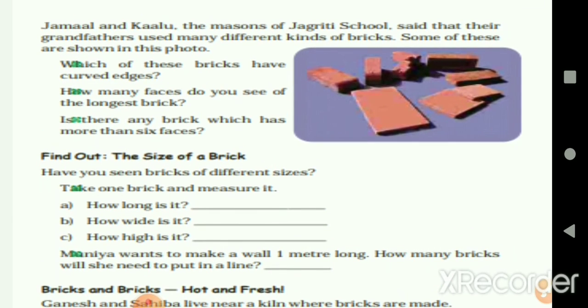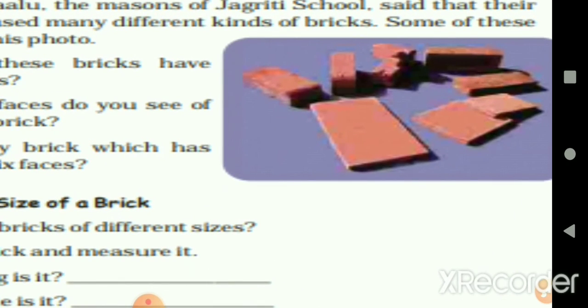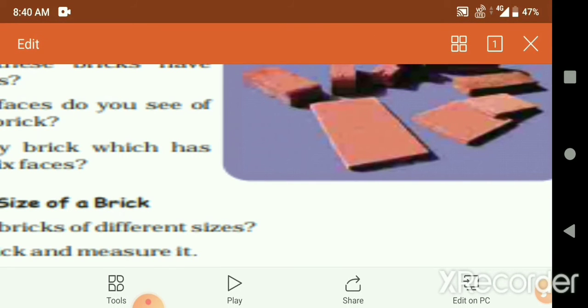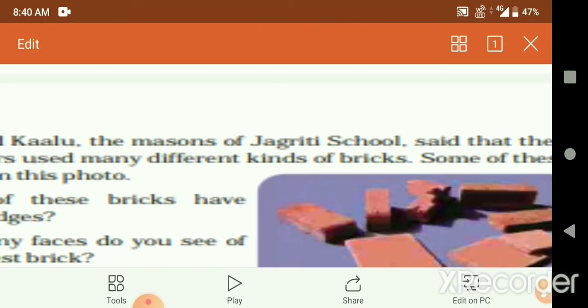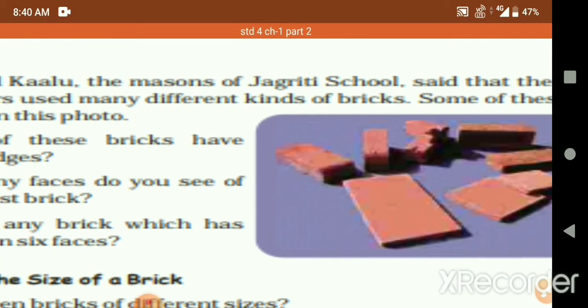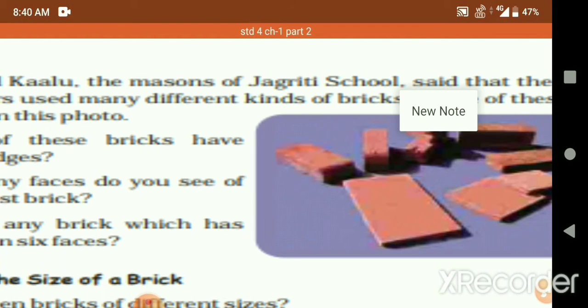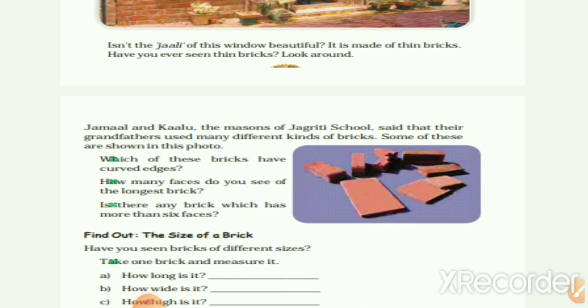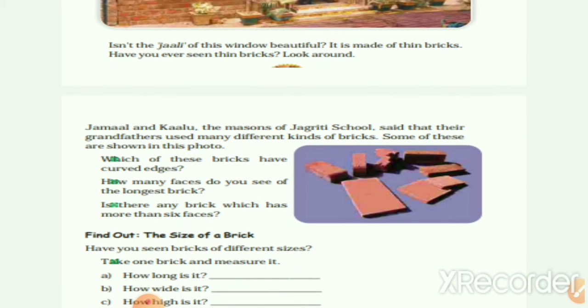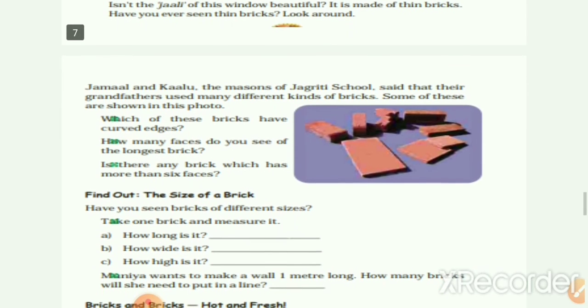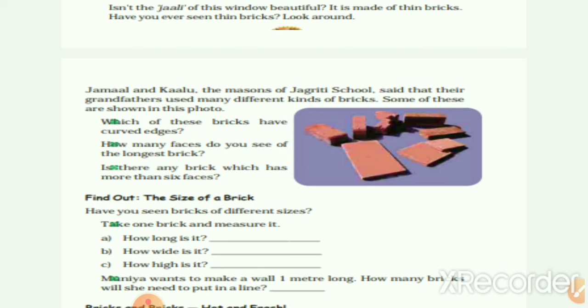See, in this picture also we found the broken bricks. So it has more than 6 faces. 1 2 3 4 5 6 7 8. I found 8 faces here. If the brick is full, then it has only 6 faces, but if the brick is broken, then it has many faces.